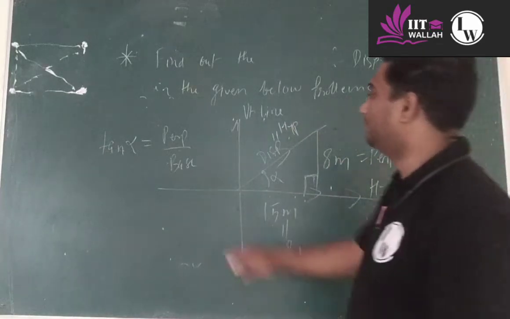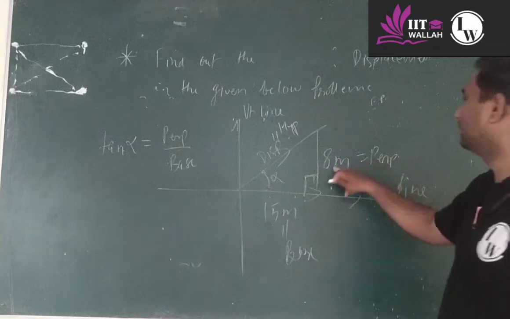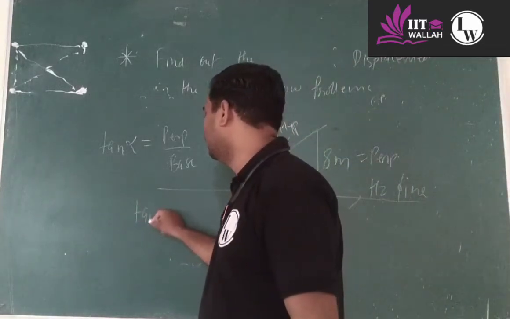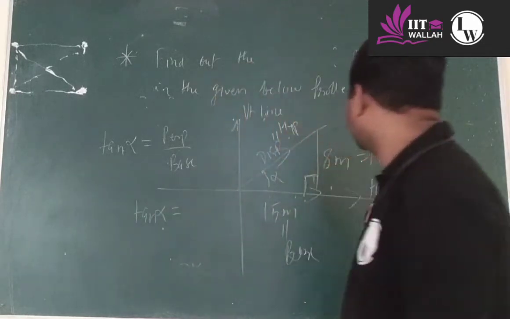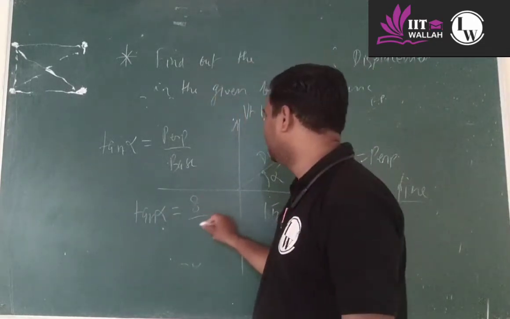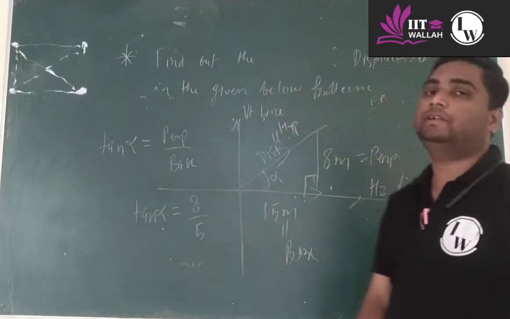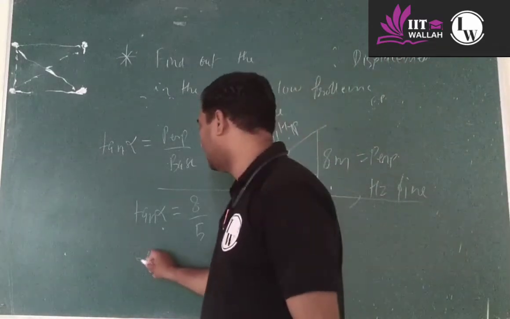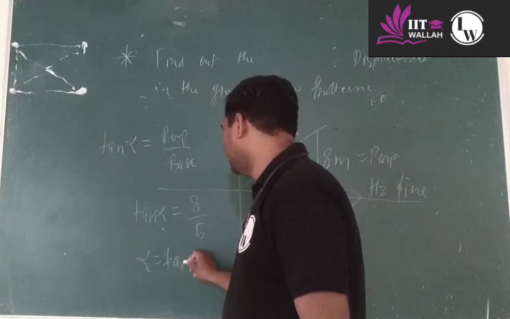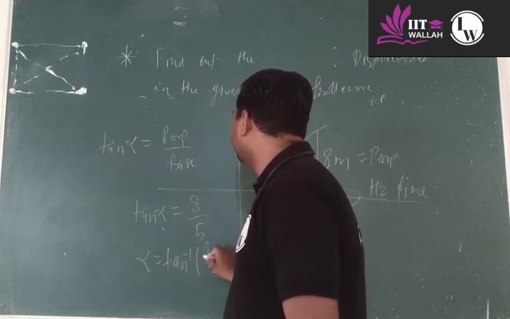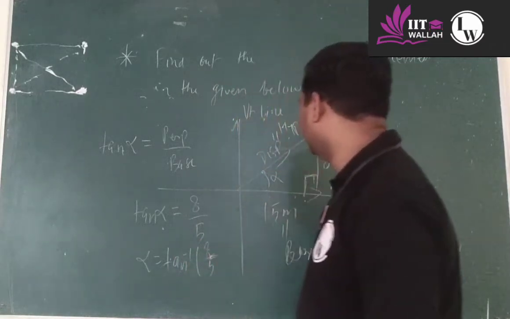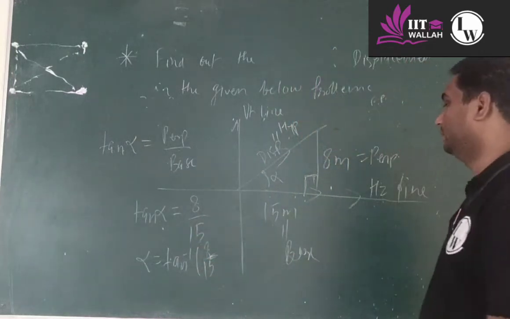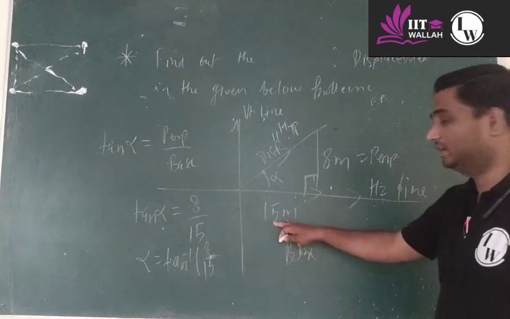So perpendicular is 8 meter and base is 15 meter. So tan alpha is equal to 8 upon 15. So from here, alpha is equal to tan inverse 8 upon 15. This is 15, not 5.